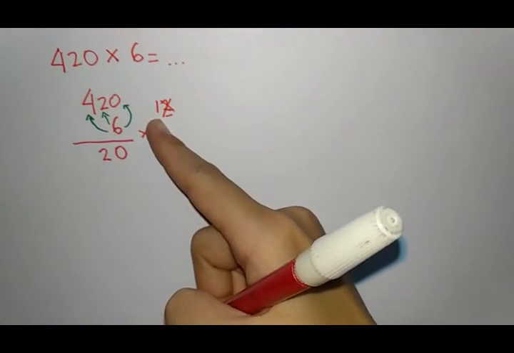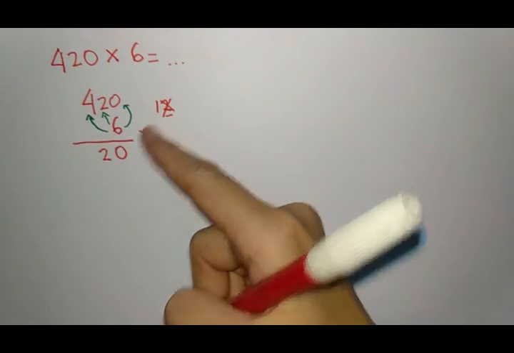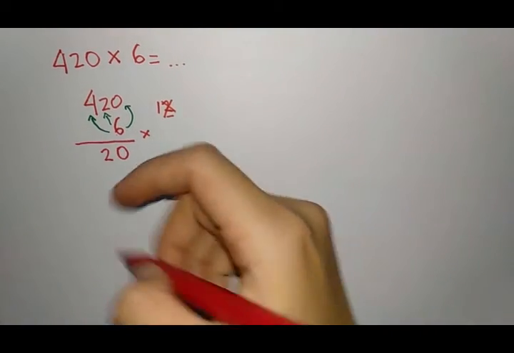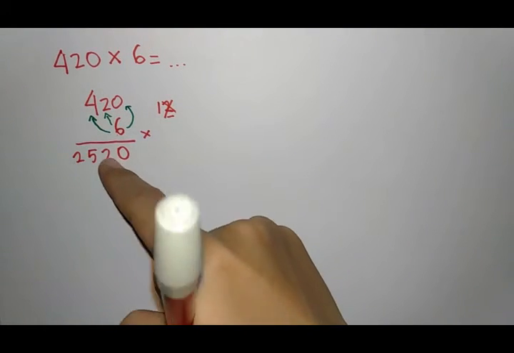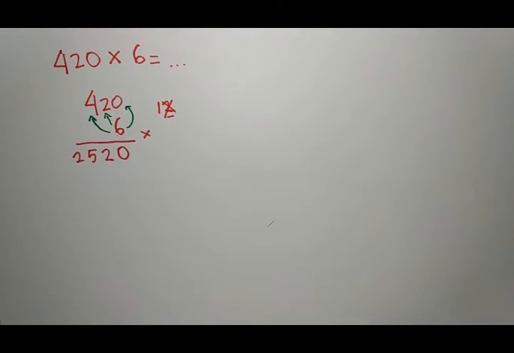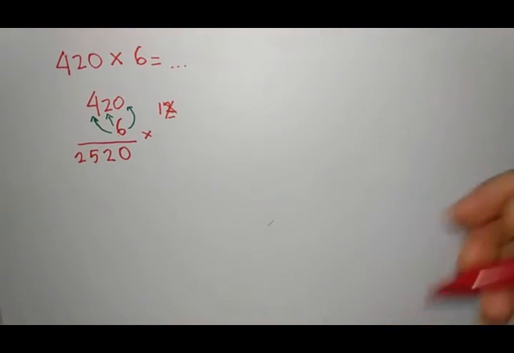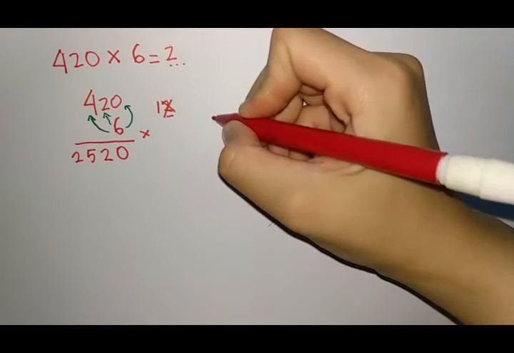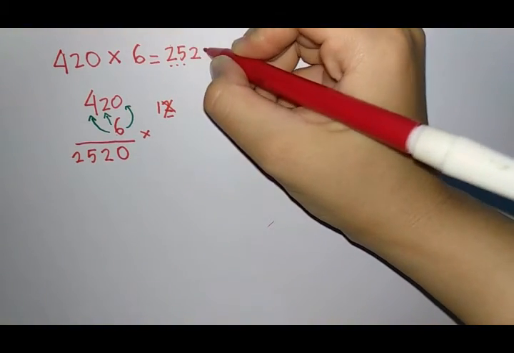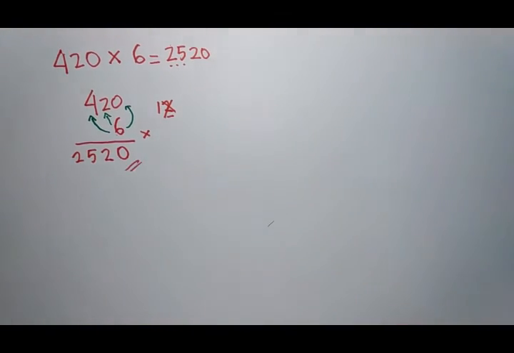But don't forget, we still have 1. So 24 plus 1, it is 25. So put 25 in front of the 2. So 420 multiplied by 6 equals 2520. It's so easy.